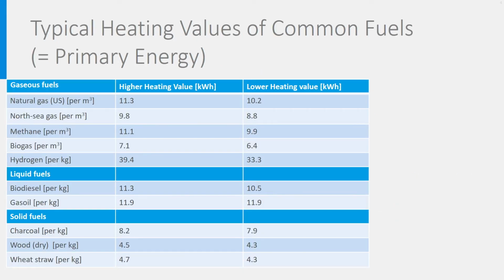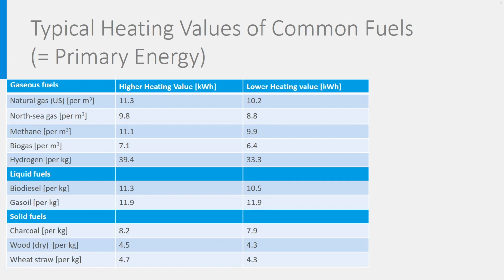This table shows higher and lower heating values of typical fuels in kilowatt-hour per cubic meter or per kilogram depending on the fuel. This is therefore the primary energy per cubic meter or kilogram. Observe that gaseous and liquid fuels typically have a higher heating value ranging between 9 and 12 kilowatt-hour per cubic meter. For biogas it is lower.